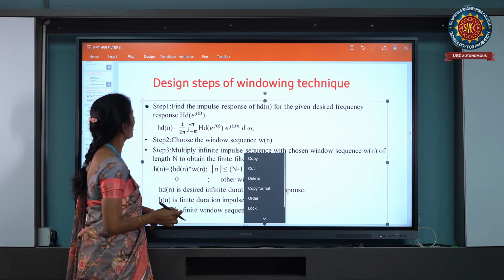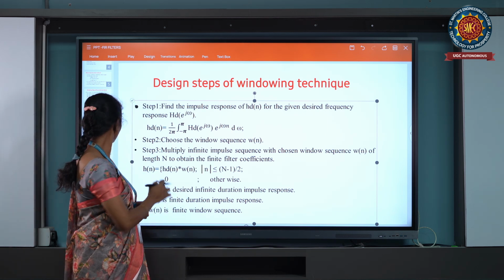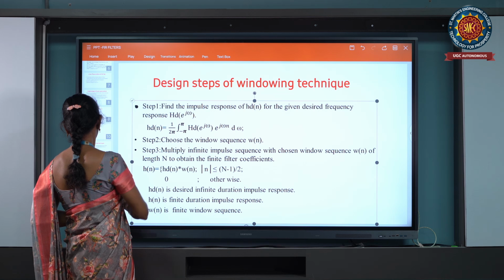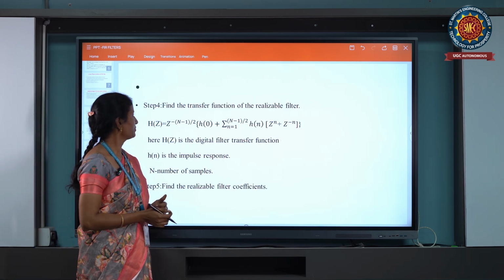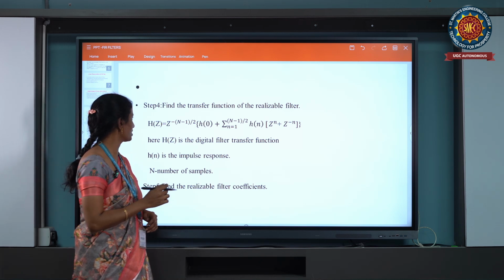Next topic, design steps for the windowing technique. Fourth step, find the transfer function of the realizable filter.